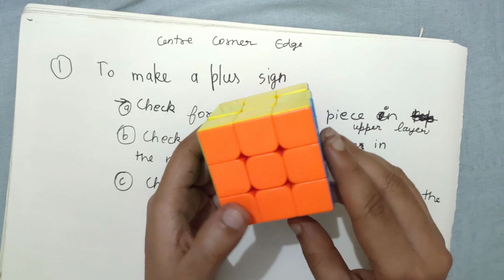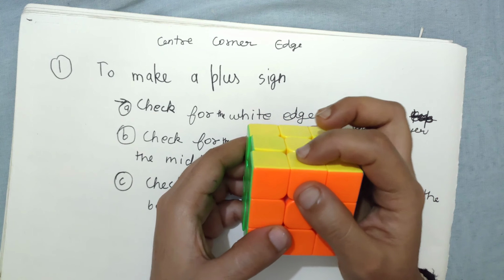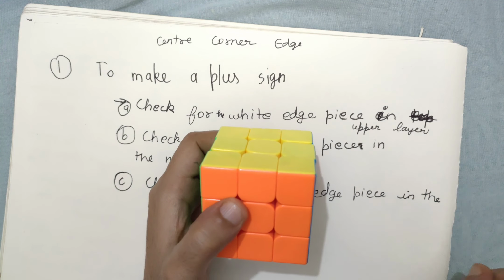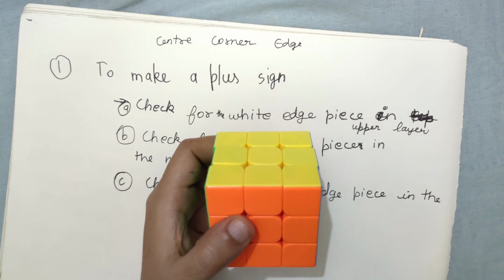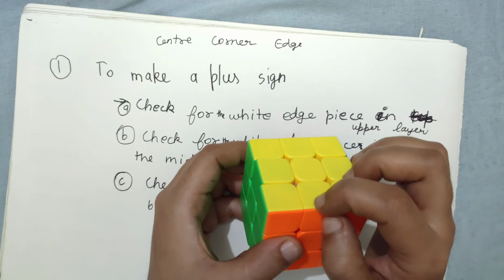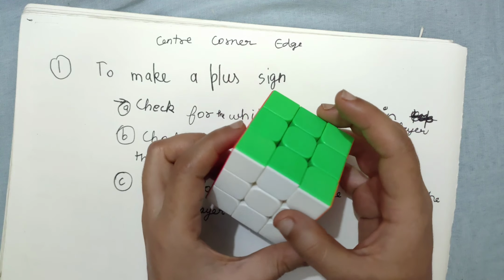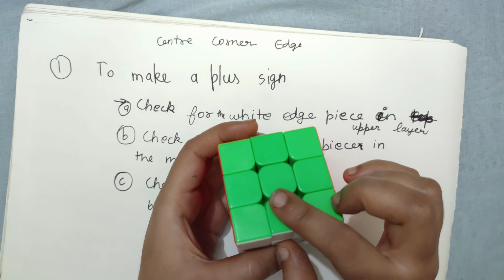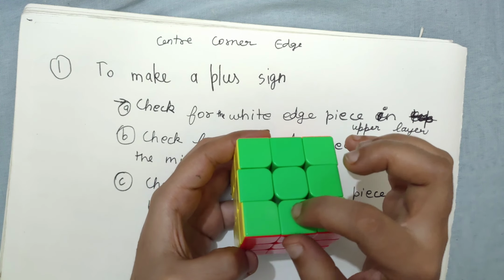If I look at this yellow orange piece, which we call an edge piece, first of all it has two colors, and second, it is between two corners. So it is sandwiched between two corner pieces. So this is an edge piece, this green orange edge piece, this white green edge piece, this red green edge piece.